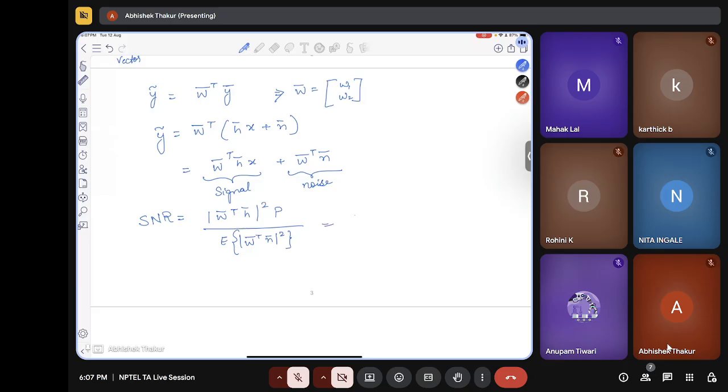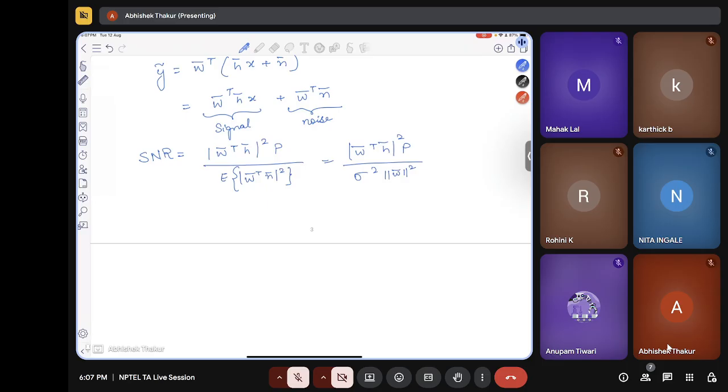So this will become mod square of w bar transpose h bar times P, divided by, as this is uncorrelated, sigma square and the norm of w bar.